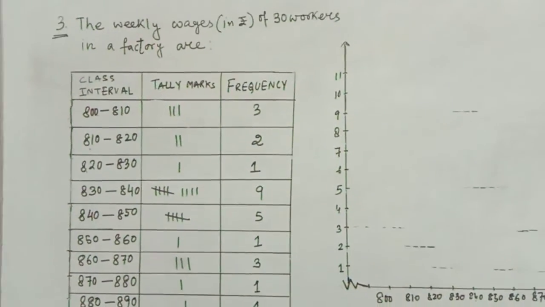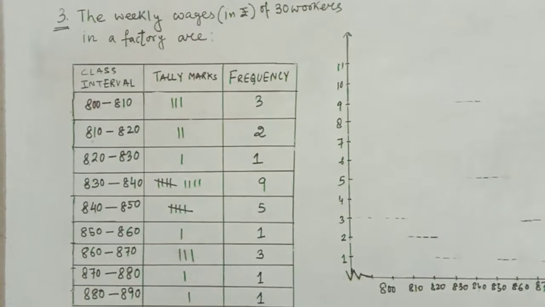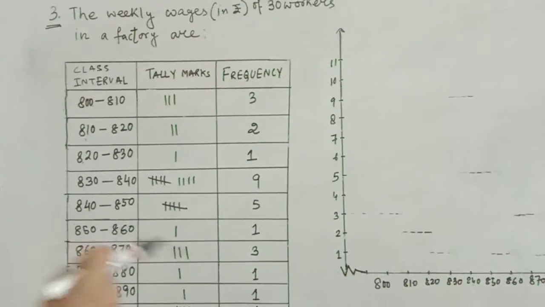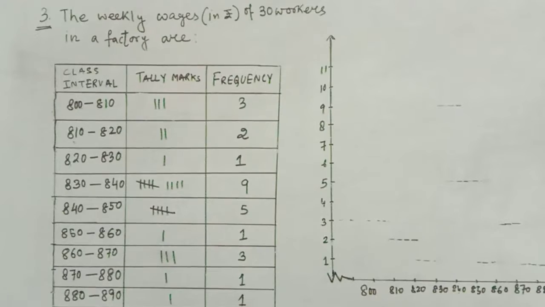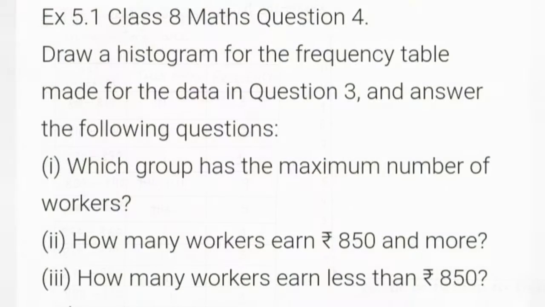Now for question number 4, you have to draw the histogram depending on the frequency distribution table of question number 3. The question says: draw a histogram for the frequency table made for the data in question number 3 and answer the following questions.